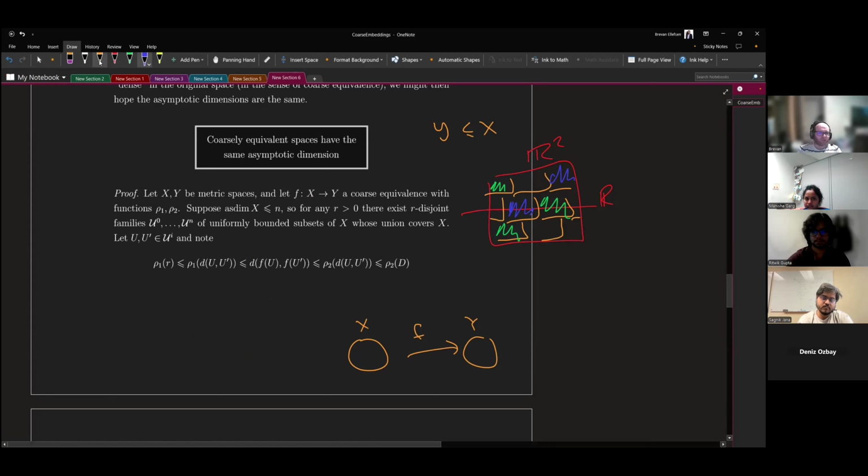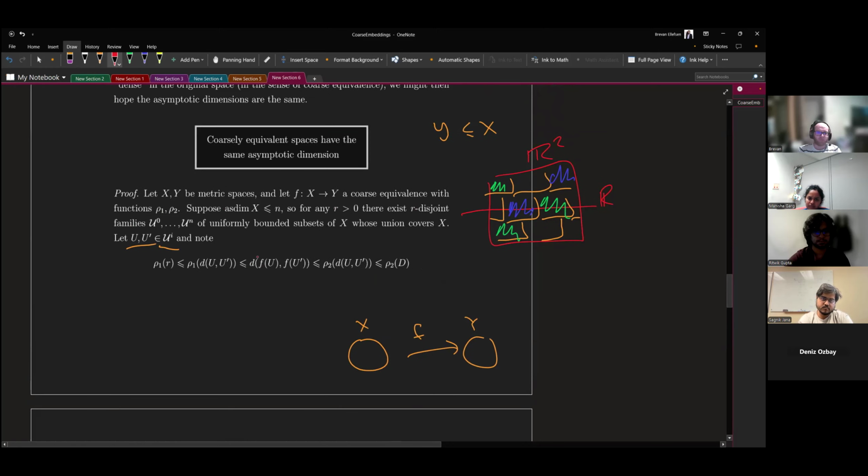So the whole idea here is that we look at any one of our families, so any one of these colors, say the blue sets or the green sets or whatever, we look at any two elements of those, and we have this inequality.